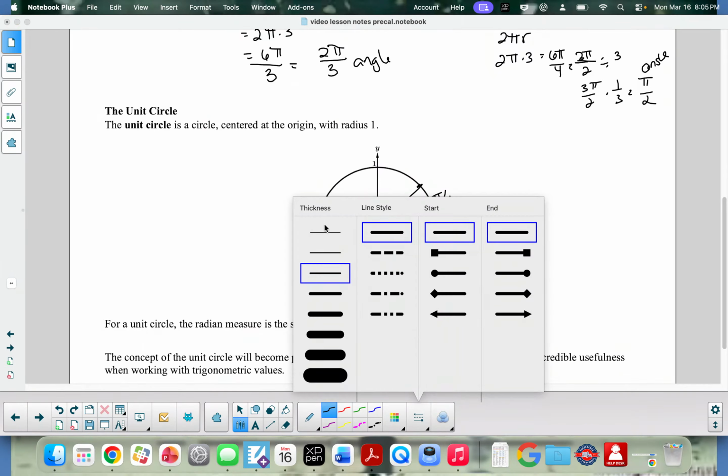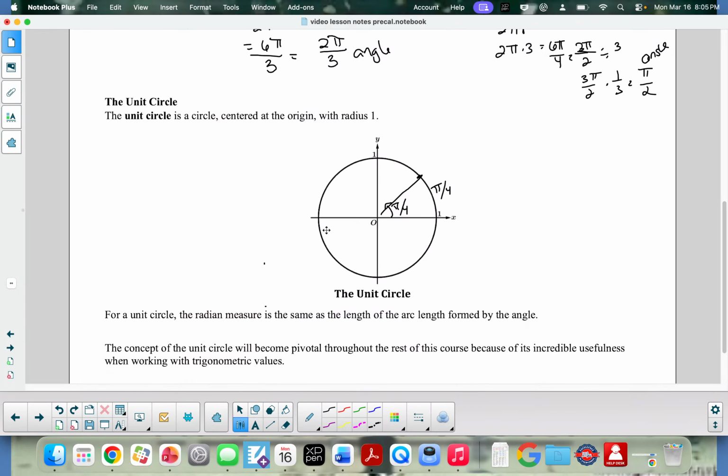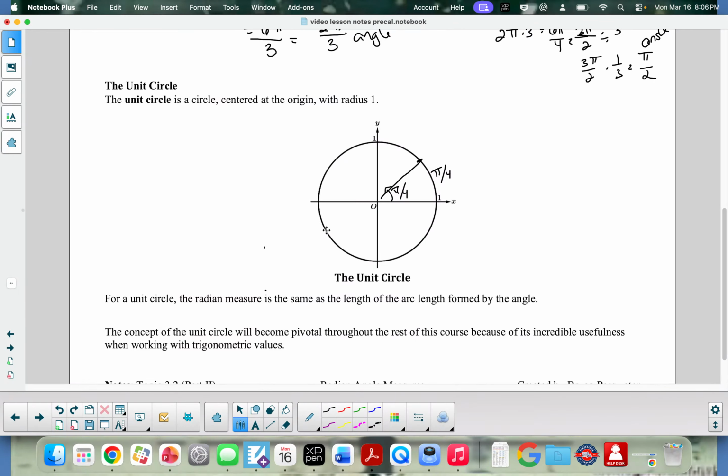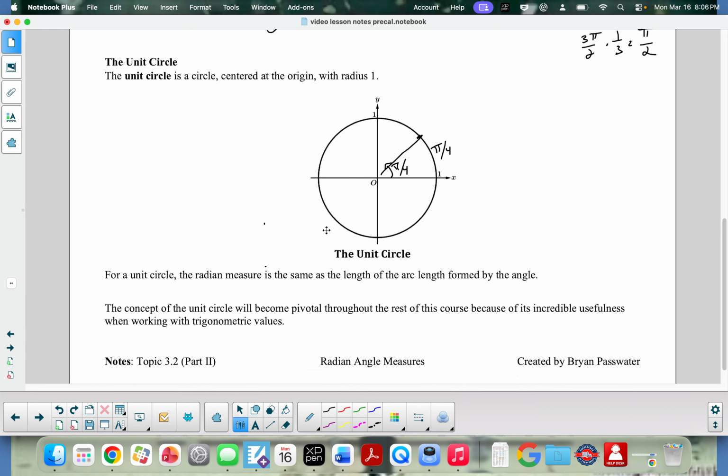Okay, so. All right, and pivotal in this unit is an understatement. I will show you some tips on how to remember at least the first quadrant, because everything is symmetrical, but you are going to have to memorize your sines and cosines and tangent values and all that kind of stuff for this.